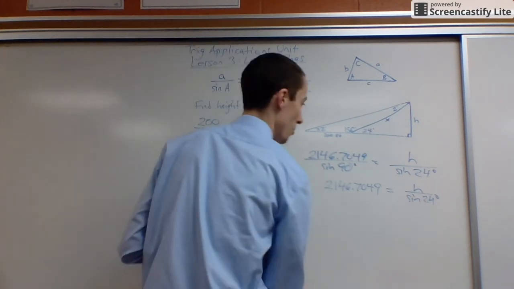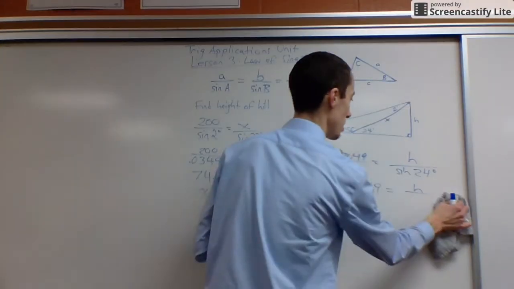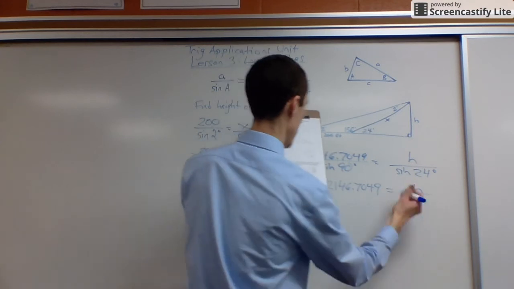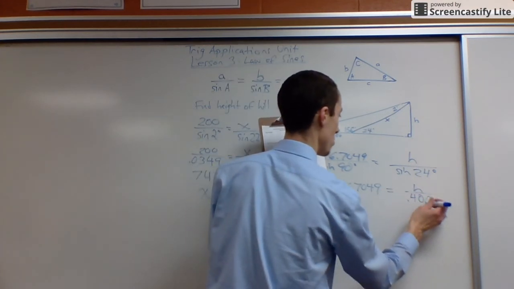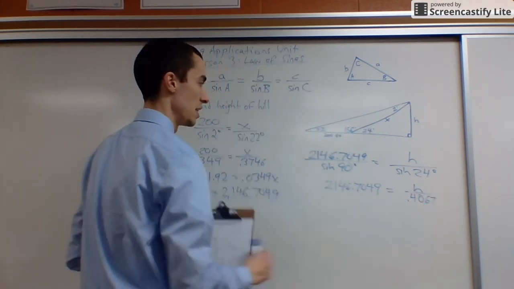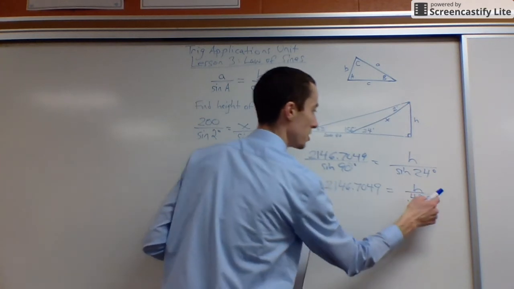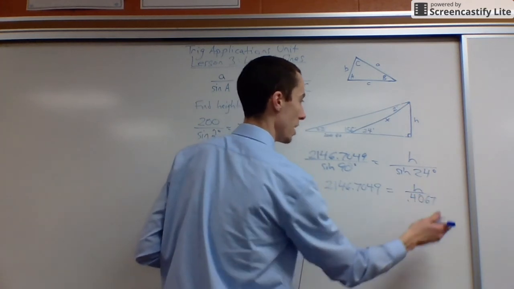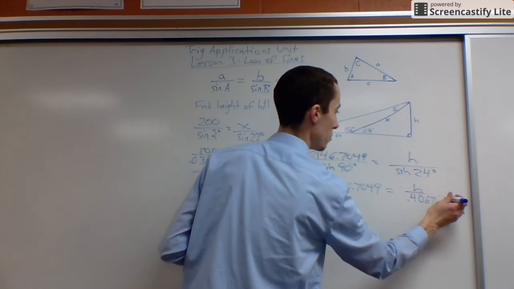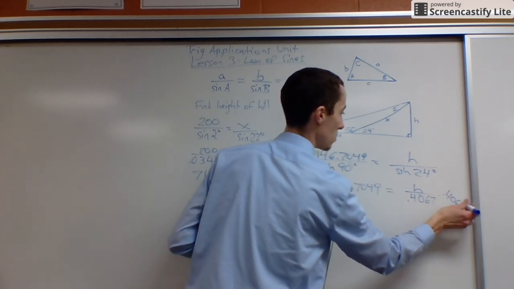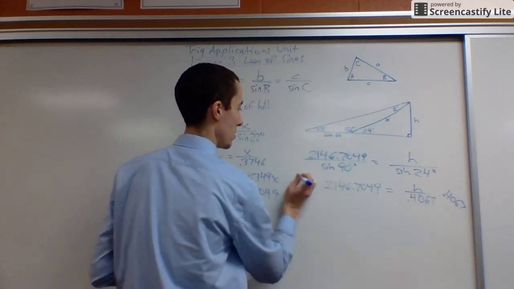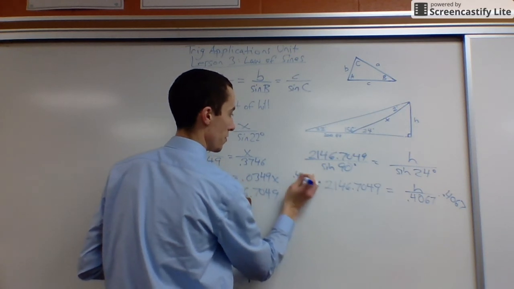Now the sine of 24 degrees, we can substitute in the value 0.4067. To get h by itself, we'll undo division with multiplication, and so we'll multiply both sides by 0.4067.